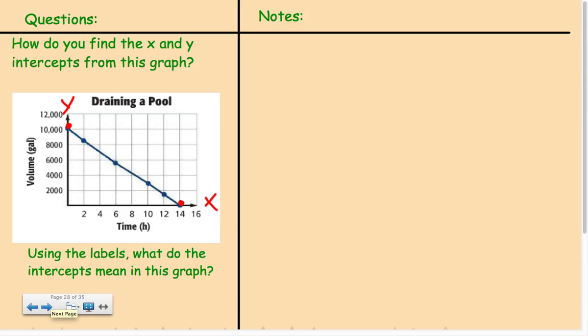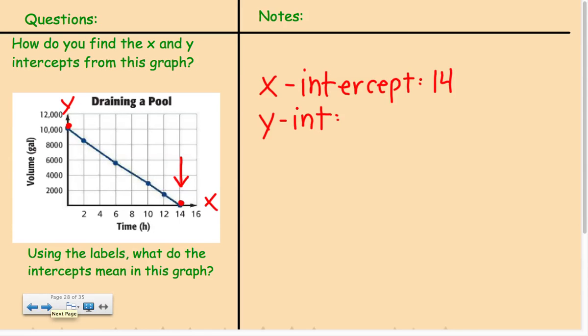So first of all, they want us to write the intercepts. So my x-intercept, my line crosses the x-axis right here, so it's 14. Y-intercept, my line crosses the y-axis right here, which is 10,000.